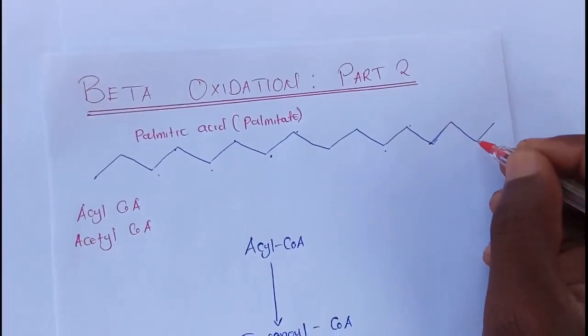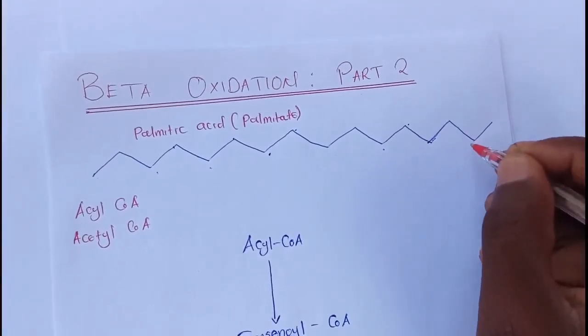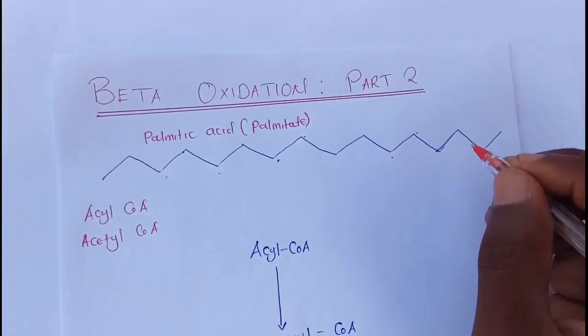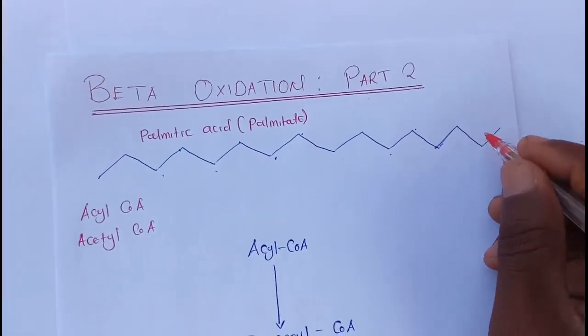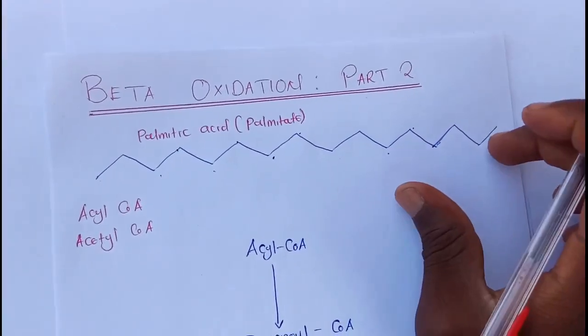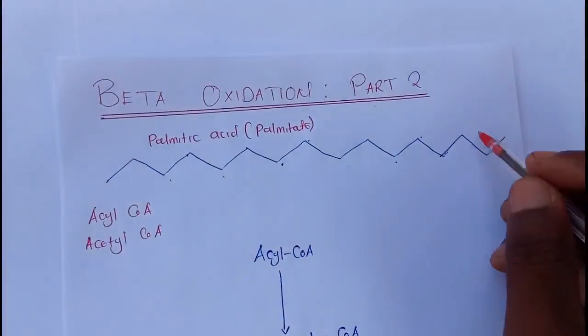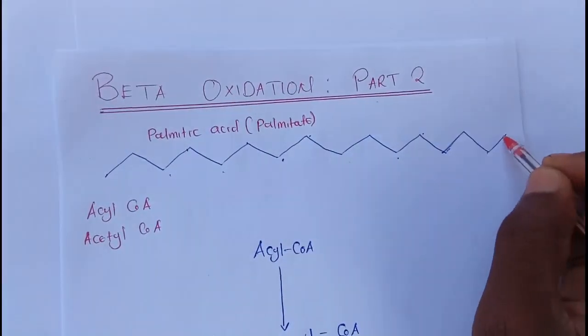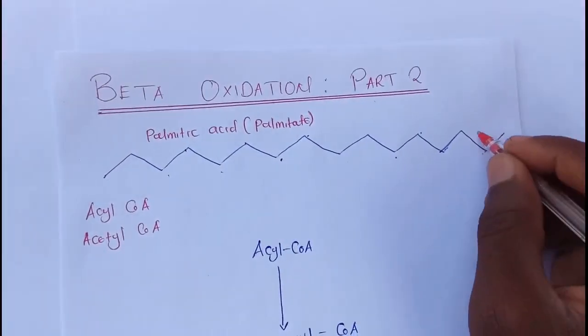In short, a molecule known as acetyl CoA, which contains 2 carbons, will be cleaved on the beta carbon. So if you have this fatty acid that has undergone beta oxidation and reaches the 4th step, this is alpha, beta, so on the beta part it will be cleaved.